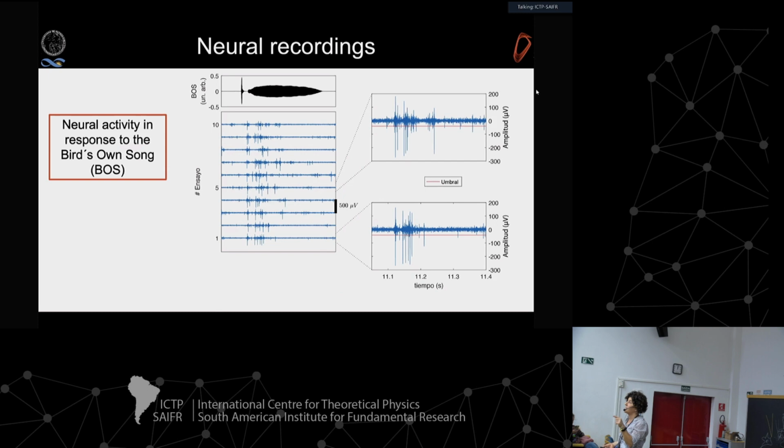He started studying with canaries because of this adult neurogenesis that I told you before. He started working with a breed of canaries called Waterslager.